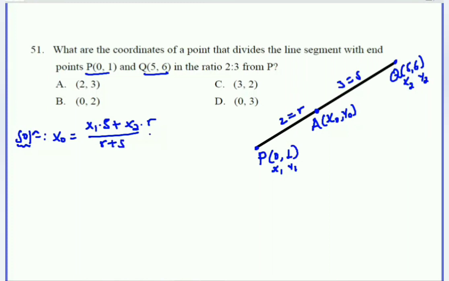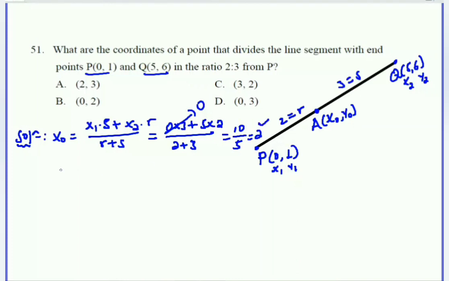Substituting the variables, x1 is 0, 0 times S is 3, plus x2 is 5 and R is 2, over R plus S. So 0 times 3 is 0, 5 times 2 is 10, and 10 over 2 plus 3 is 5 gives 2. So the x0 value is 2.